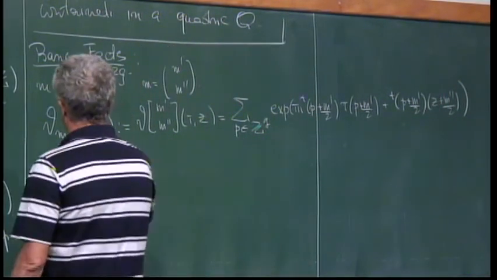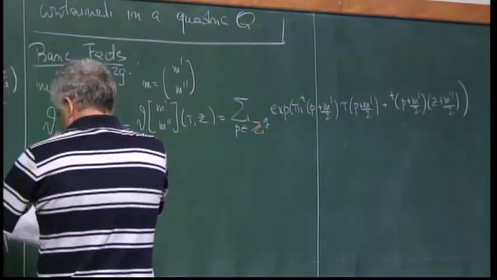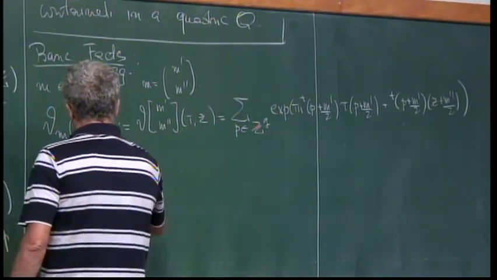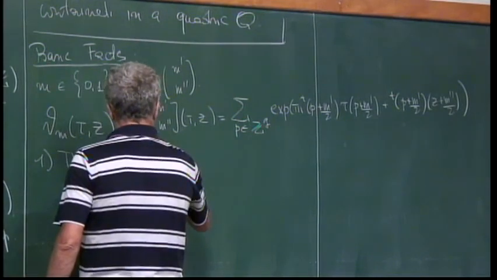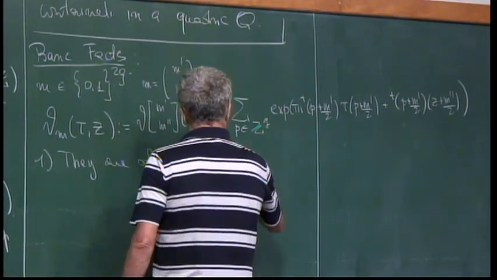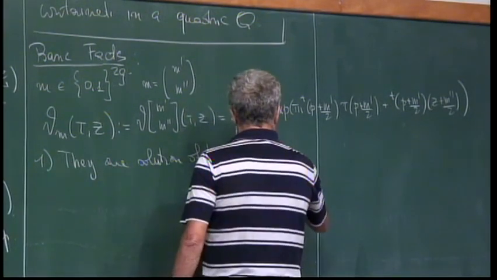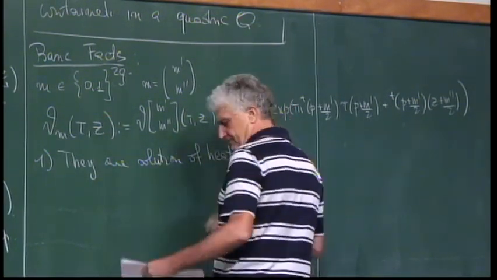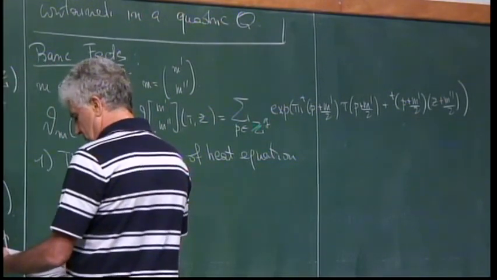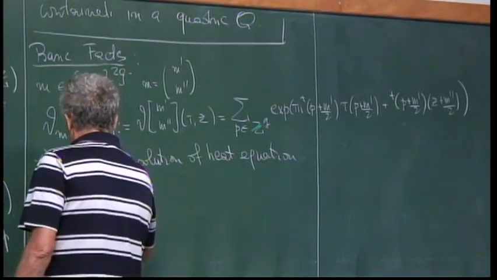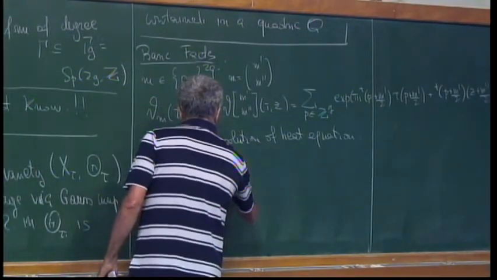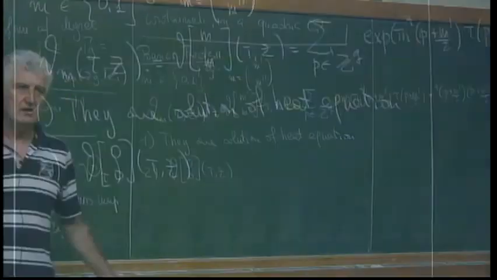This theta function has some properties. One, they are solutions of the heat equation. Two, theta 0,0 of tau, z is called the Riemann theta function.